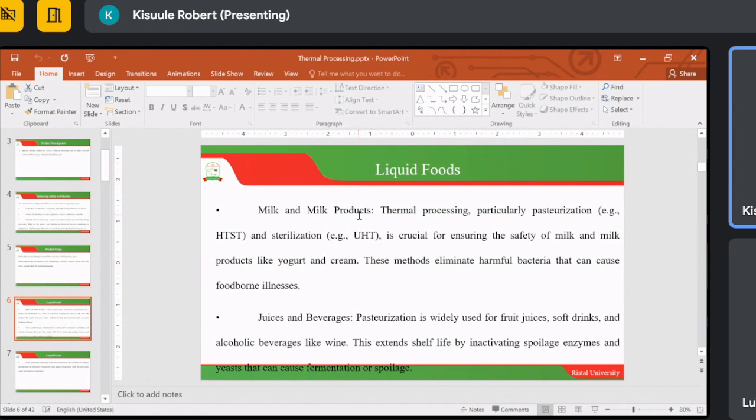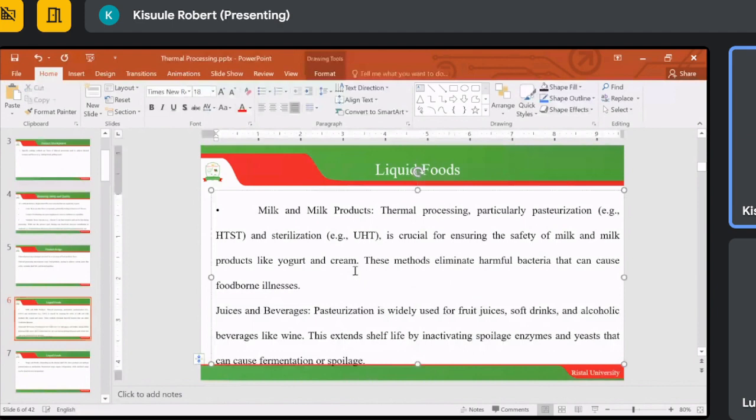We are saying pasteurization is commonly used here for the fruit juices, soft drinks, and also those alcoholic beverages like wine. Okay, and this will help in extending the shelf life by inactivating those spoilage enzymes that are present, the yeasts and so on that can cause fermentation or spoilage, depending on the desired quality of the manufacturer or the person making this product.